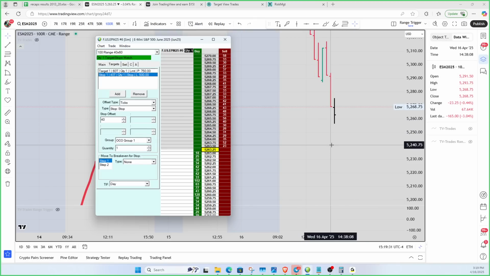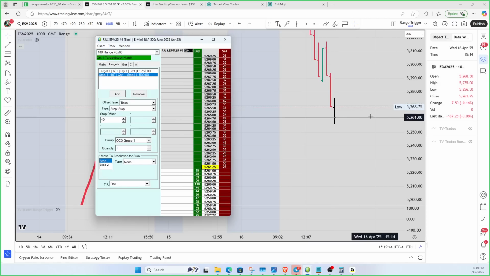The question was, could I explain how to do this? So right here at the open of the bar, I could have put a trade on there and gotten in right at the open. It's 68.50 actually. I could have gotten in right at the open at 68.50, and put the trade on.